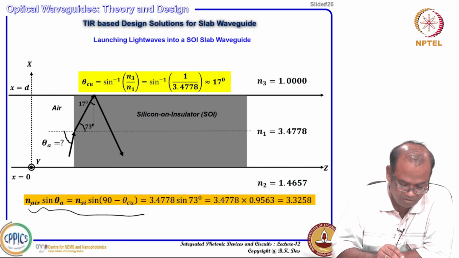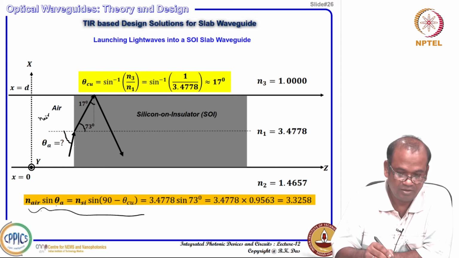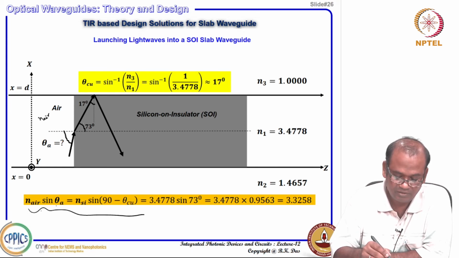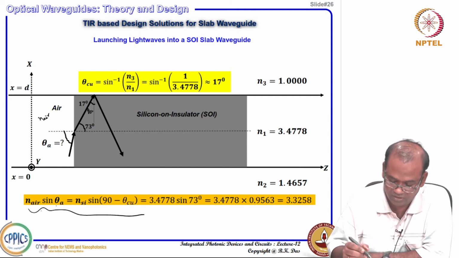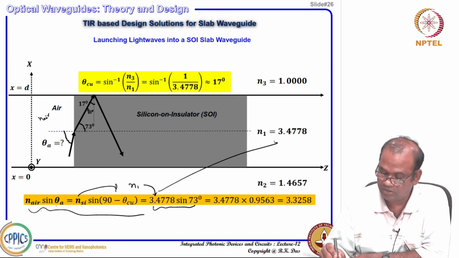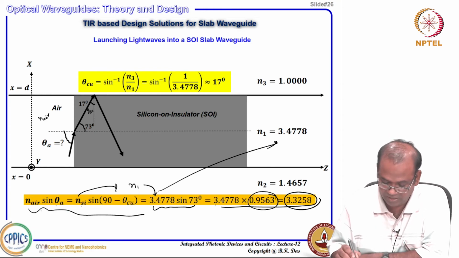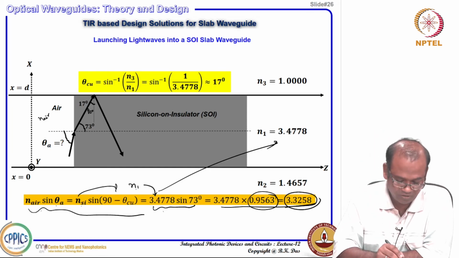In air refractive index is N air, N air sin theta A equal to N silicon sin (90 minus theta c), that is 17 degree. Here N silicon is nothing but N1. I get this value, because sin 73 degree is about 0.9563. If you multiply with N silicon, then you get 3.325. It is a simple calculation, but very odd.